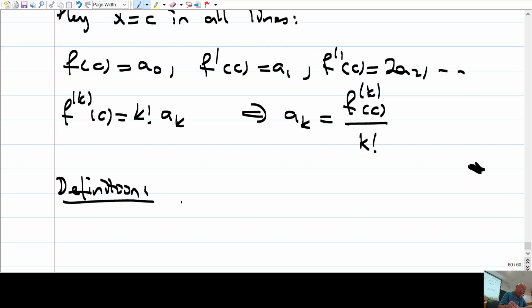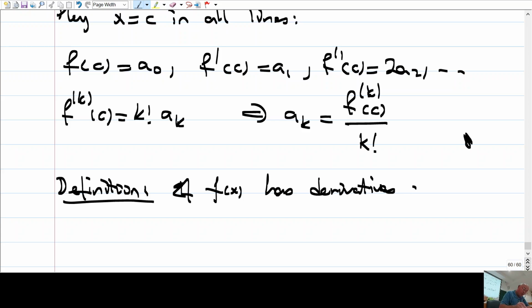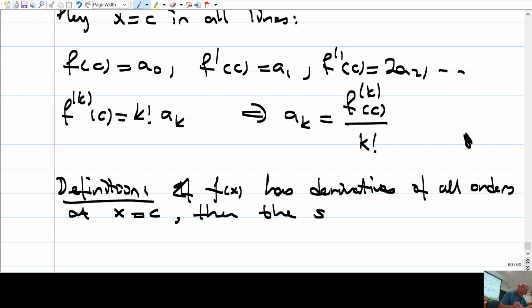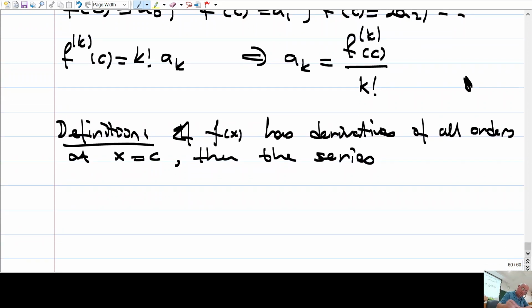Definition. So if f of x has derivatives of all orders at x equals c, then the series: you just compute these derivatives, divide by k factorial.